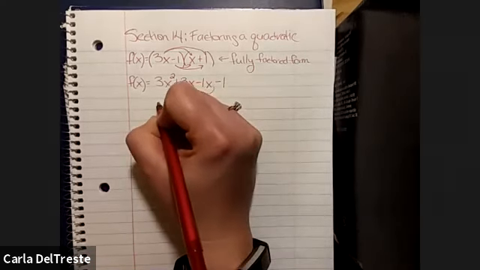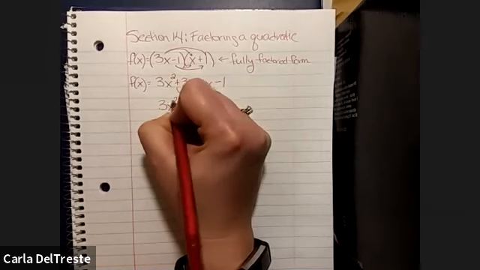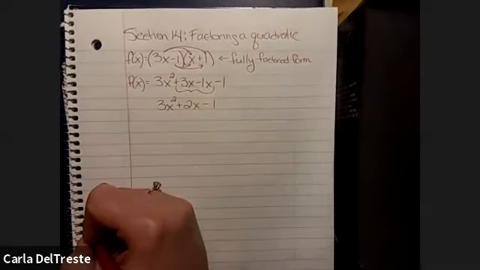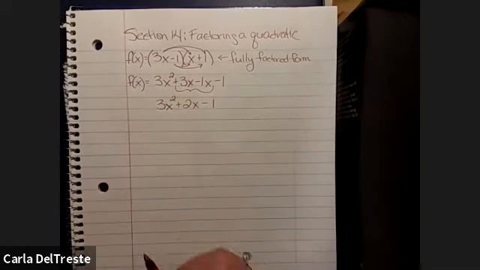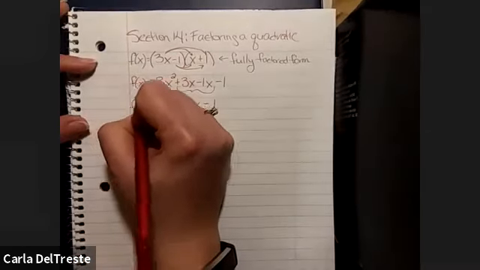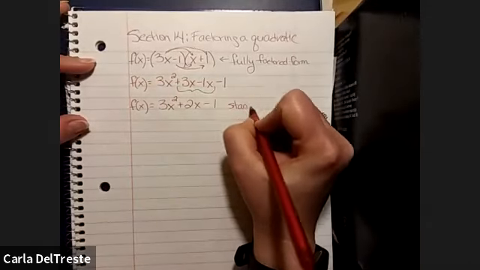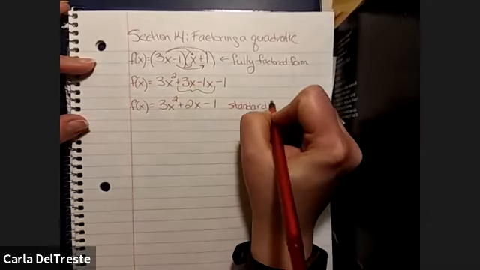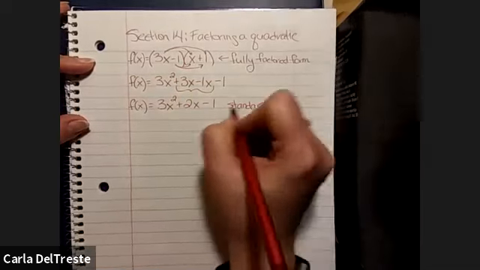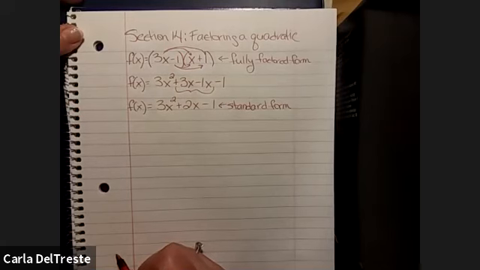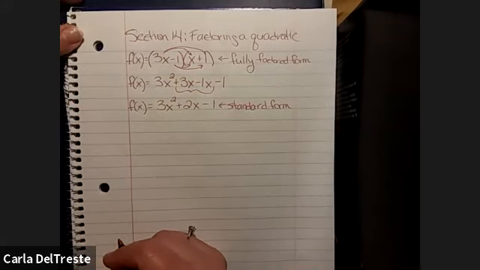So when I add these together, I'm going to get 3x squared plus 2x minus 1. This is what we call standard form. And that's when it's all written in descending order, okay? All the terms are distinct.